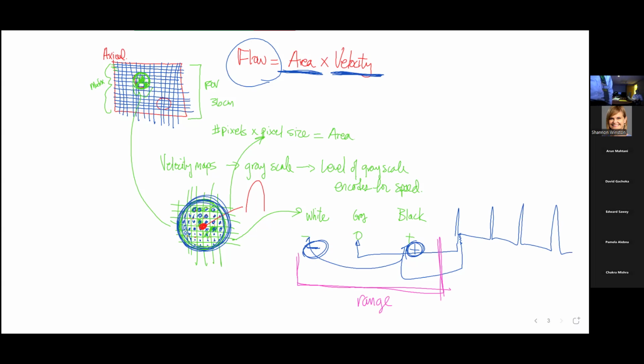So in this example, maybe it's plus 2 meters per second, and over here is minus 2 meters per second. What is the normal velocity in most of the blood vessels that we're looking at? About a meter per second, 0.75 to a meter per second. So you've got to be thinking about what is the question that I want to be answering so that you set the correct velocity range.